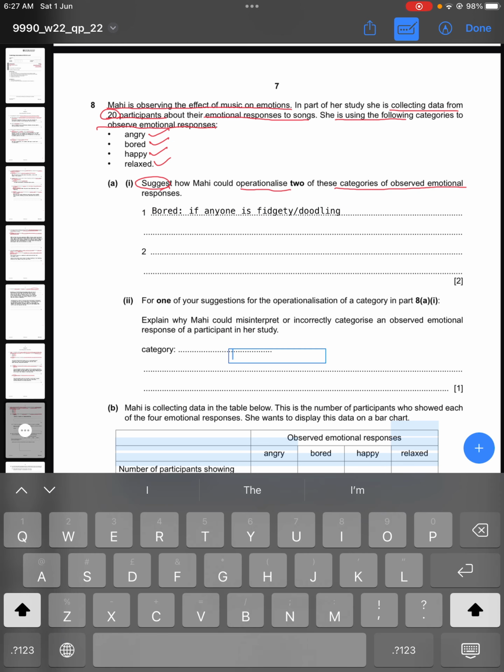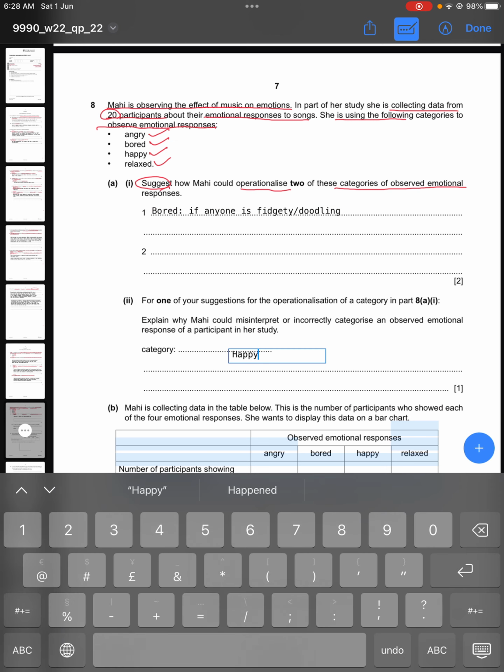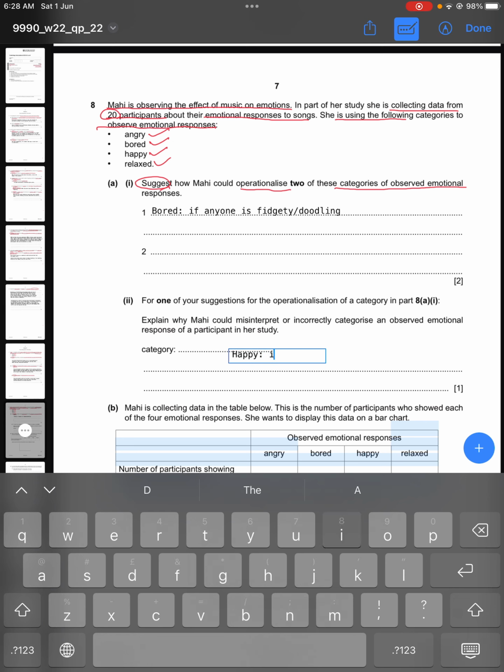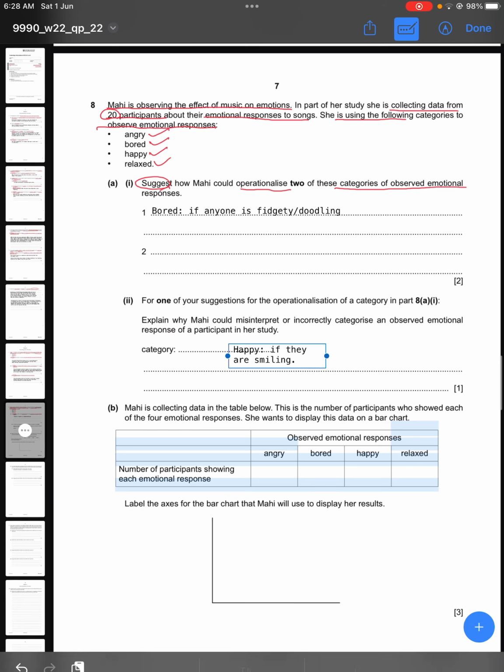And second one I'm taking is happy, which can be operationalized as if they are smiling.